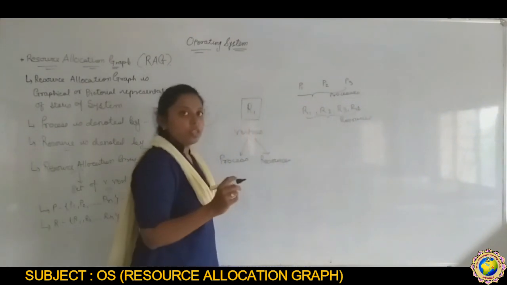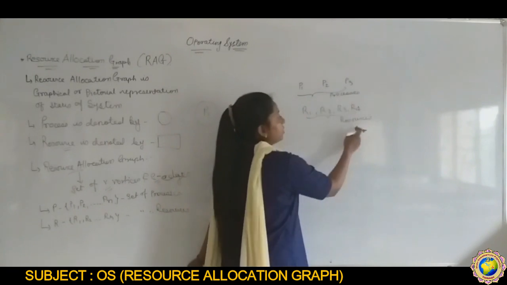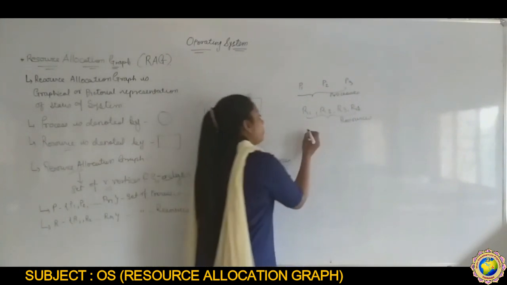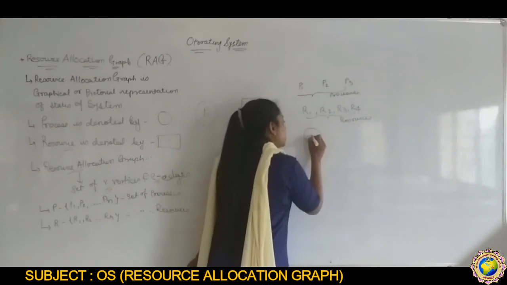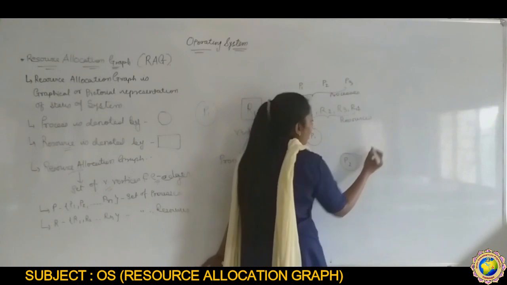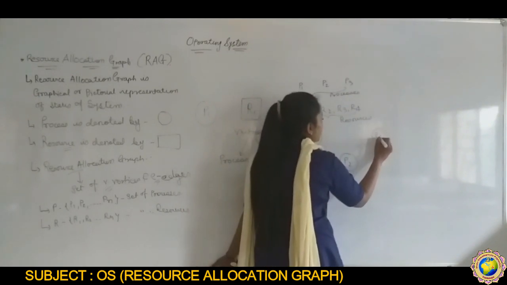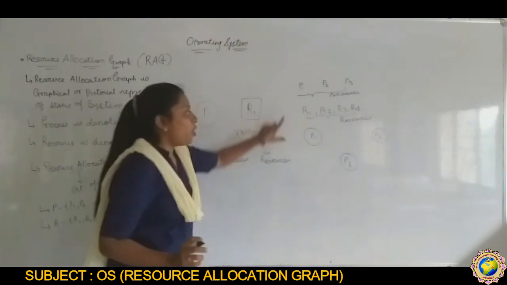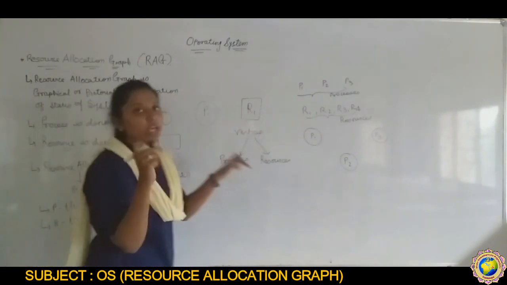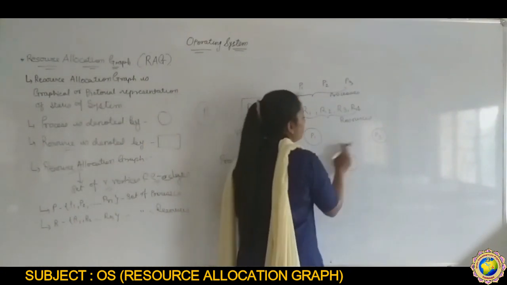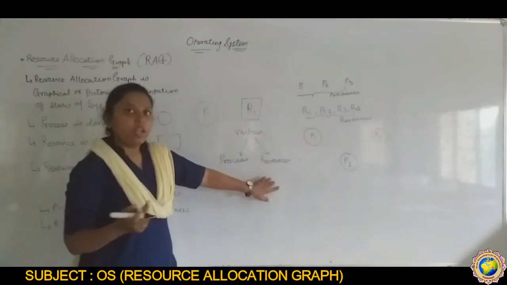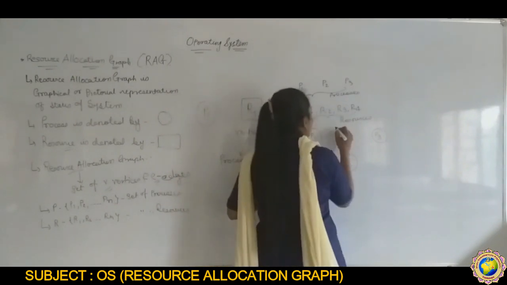These are the processes and these are the resources. Processes, as we have already seen, are denoted by a circle, so we have drawn P1, P2 and P3 like this. Next, we have the resources.